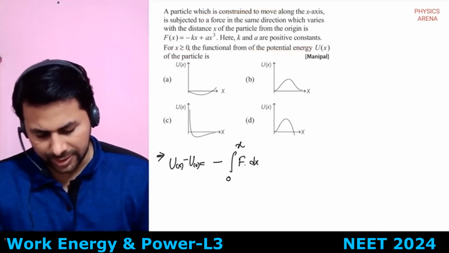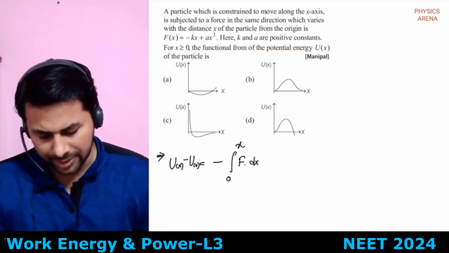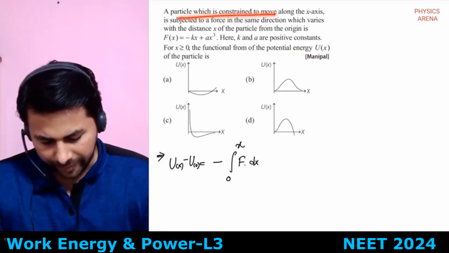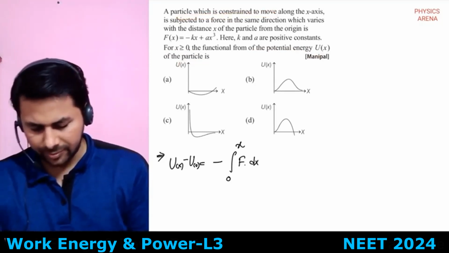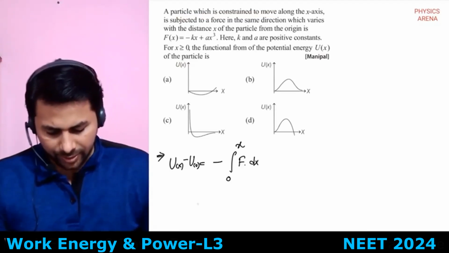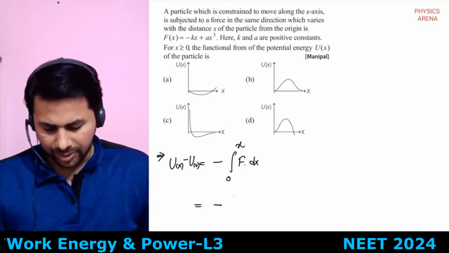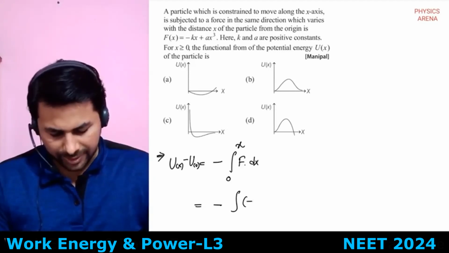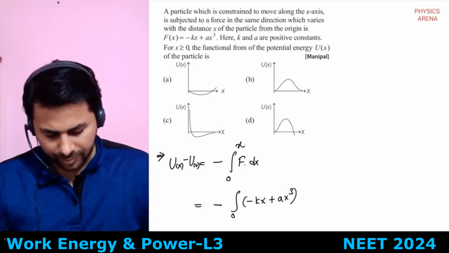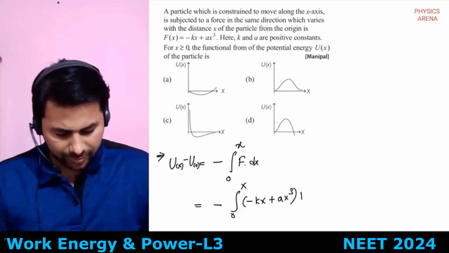For position greater than 0, this is given. So let's integrate this. What do we get? This is equal to minus the integral of (minus kx plus ax cube) from 0 to x.